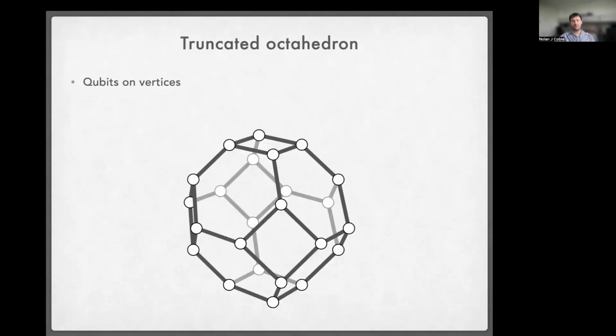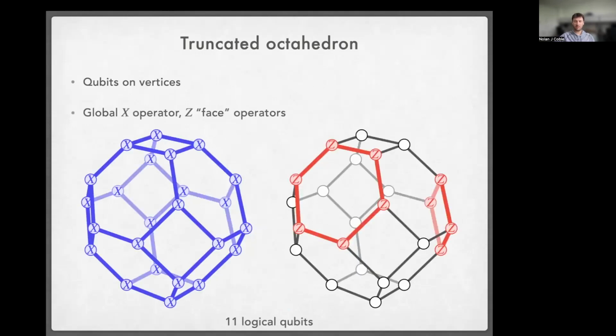Here's one way that we can get a CSS code. Take this polytope, this truncated octahedron. I'm going to put physical qubits on the vertices of this object, and I'm going to use the geometric structure to define X and Z type operators. One way I can do this is to say there's a global X type operator, so X on every single qubit.